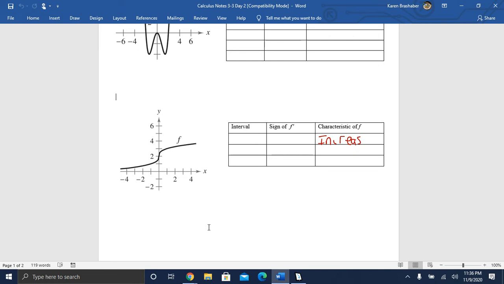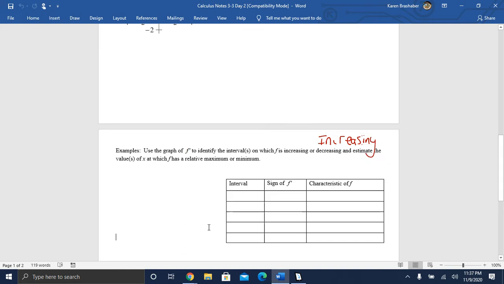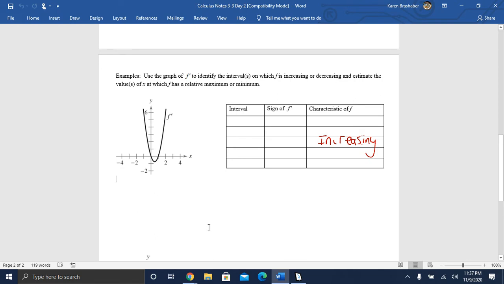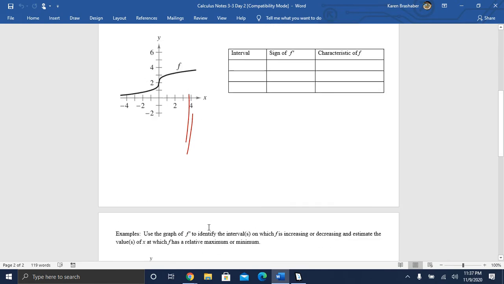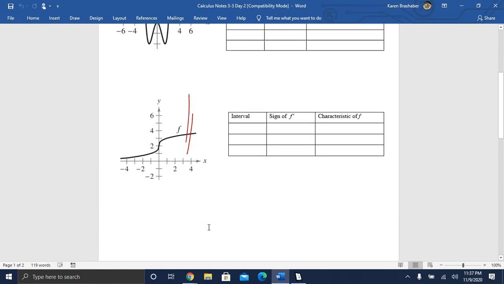Now, I do see a little bit of an unusual situation. Oh, excuse me here, I got on the wrong page. Let's try this again. So we're increasing in this section.